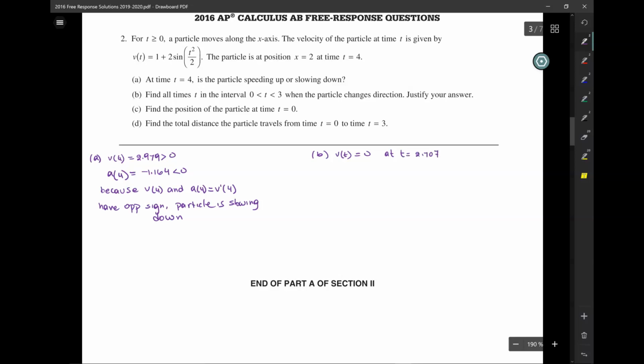We do this by graphing. You plug V of t into the calculator, and it crosses the x-axis at 2.707. And this whole thing is happening from 0 to 3, so 2.7 is somewhere here. And you see also visually that it's positive here and negative here.